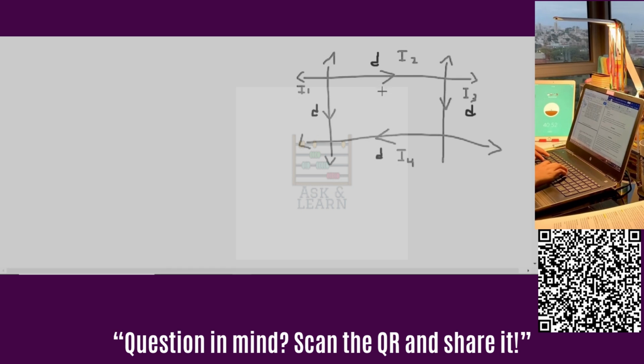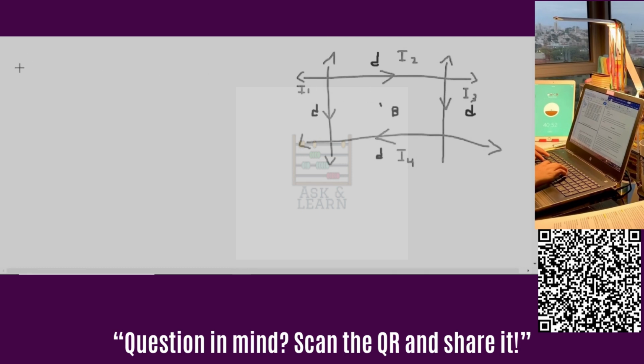And the other thing we're told here is at the center, we have a net magnetic field, or an overall magnetic field, which is at the exact center of this square. So we need to find this current here, I1. And we have magnetic field, and we have some distances, and we have currents.